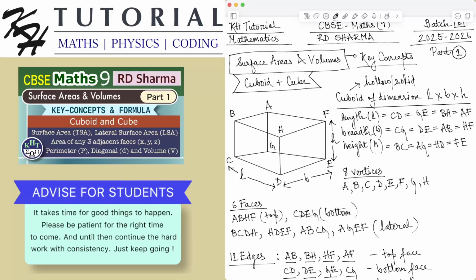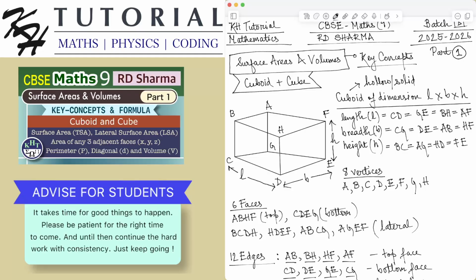A cuboid is geometrically defined by 3 dimensions, which are length, breadth and height. Small l is used to denote the length, small b is used to denote the breadth, and small h is used to denote the height. So in this figure, it is a cuboid.